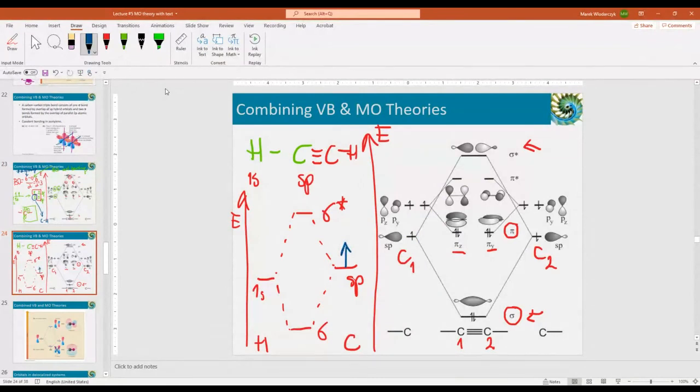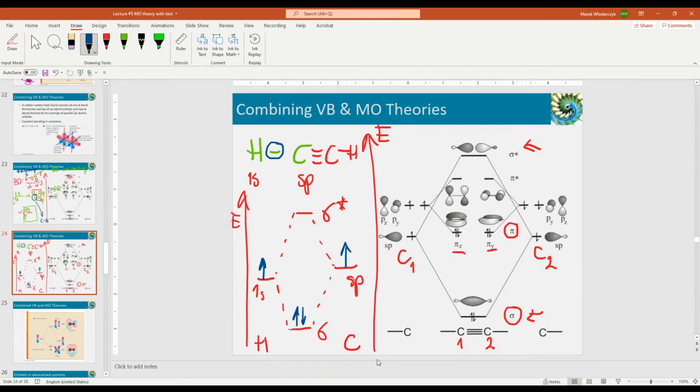Another blue electron comes from the hydrogen, and those two electrons will be combined together to form this sigma bond, so they move down to the sigma bond part of the diagram.